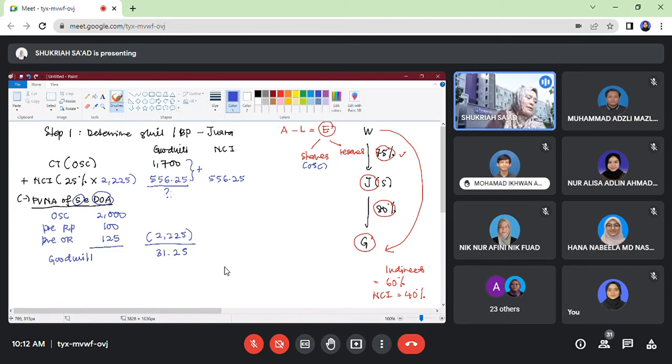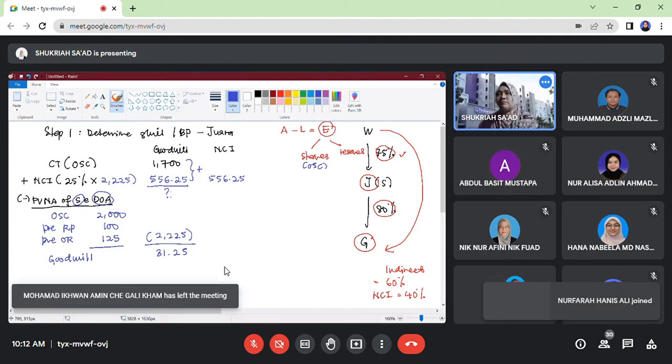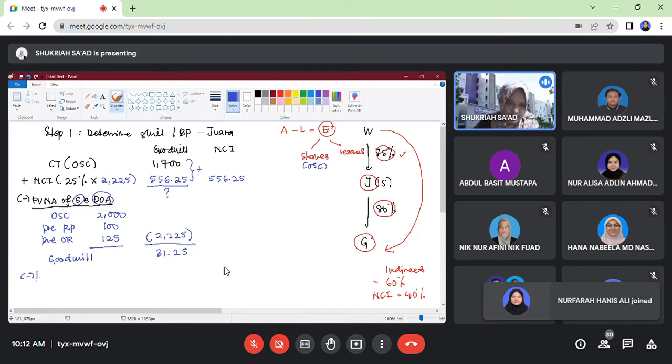Okay, remember we have adjustment number 2, paragraph 3. Goodwill on acquisition of Juara had been impaired by 20%. Betul kelas? Okay, so kita minus impairment 20%.